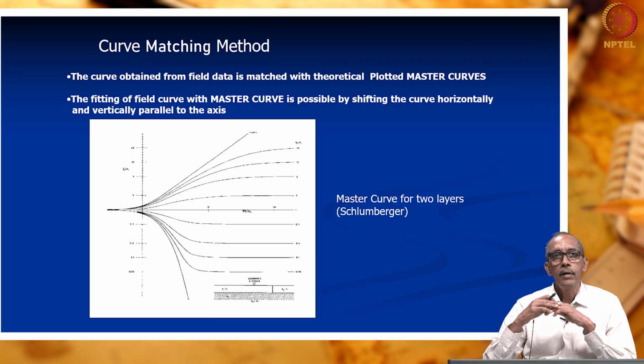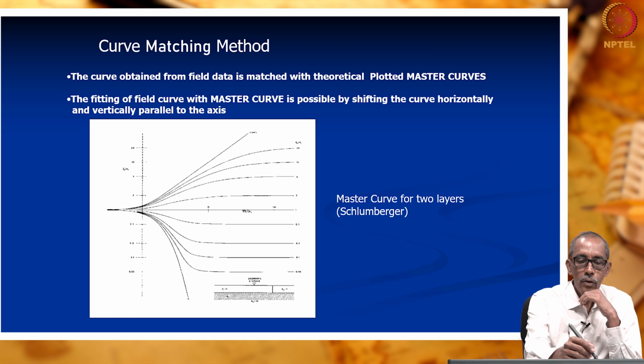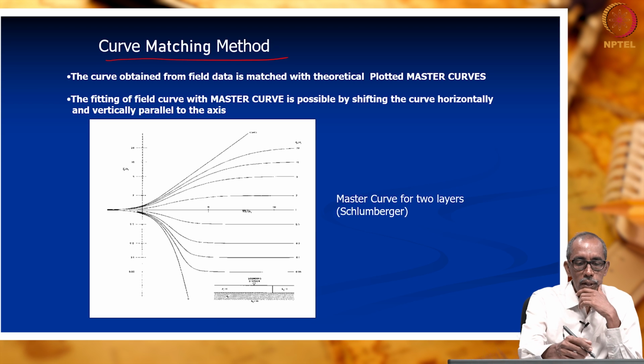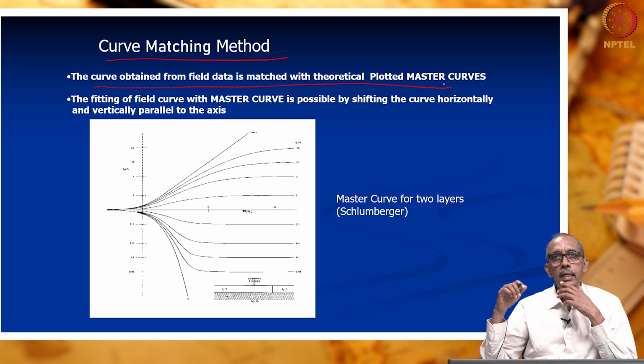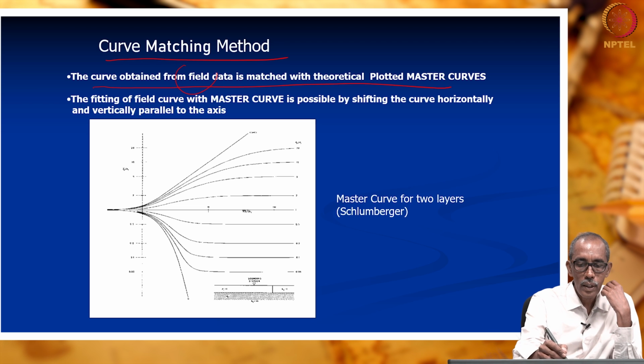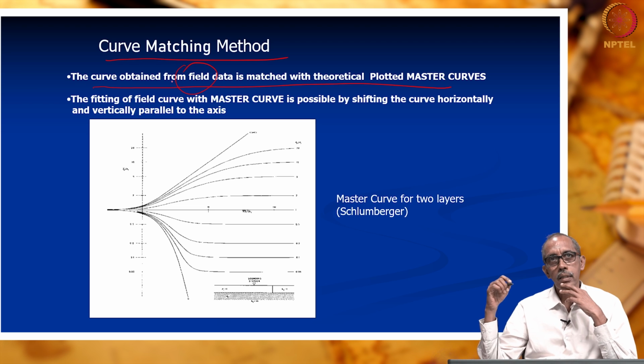Then the next method of interpretation is known as the curve matching method. In the curve matching method, we have theoretically plotted master curves, and the curve obtained by us during the field work is matched with the master curves. So, what is the relation we have got until now?